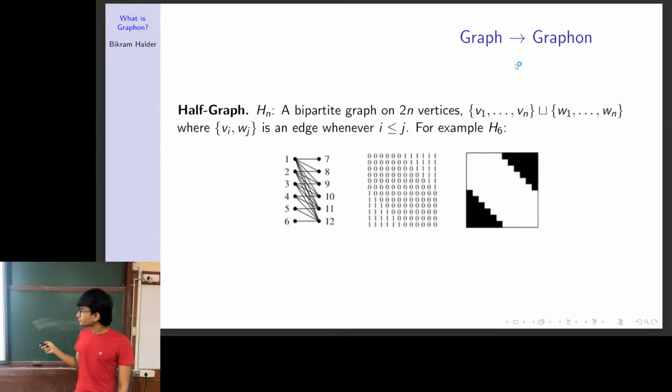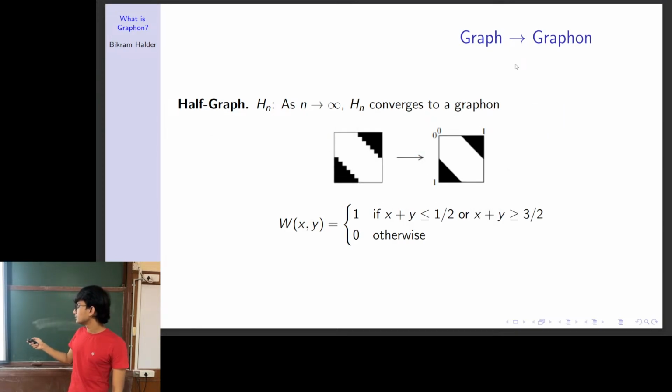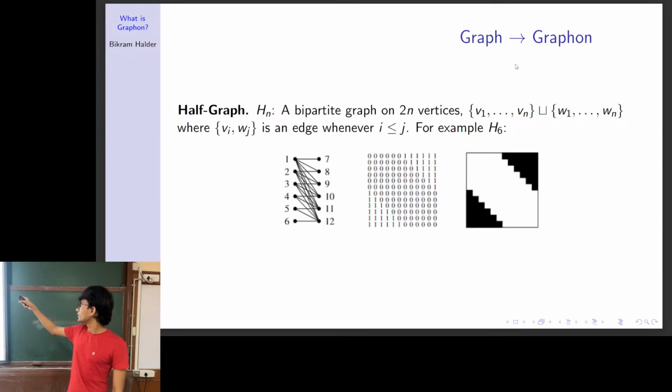Basically, what we do is take the adjacency matrix of a graph. Say these are our half graphs. It is a bipartite graph: if you have two partitions, V1 to Vn and W1 to Wn, you include the edge ViWj if i is less than or equal to j.